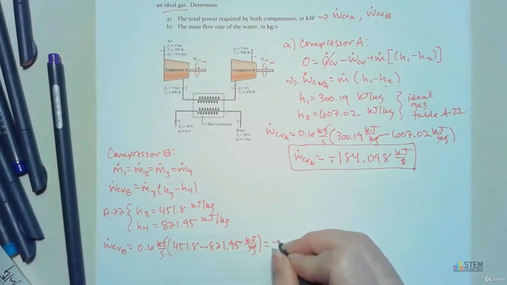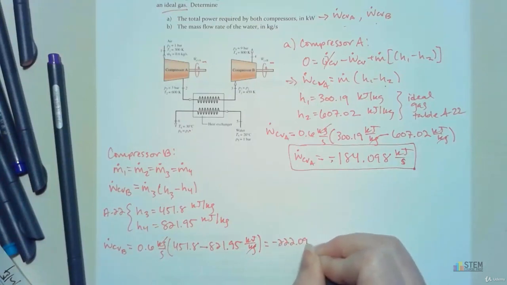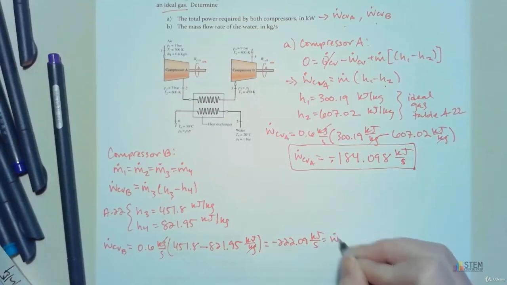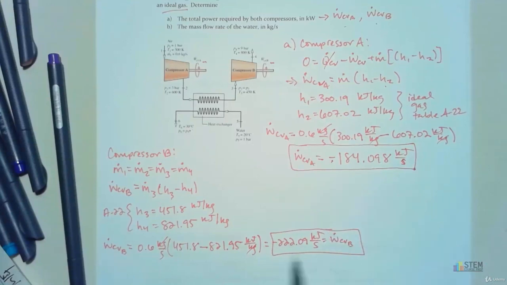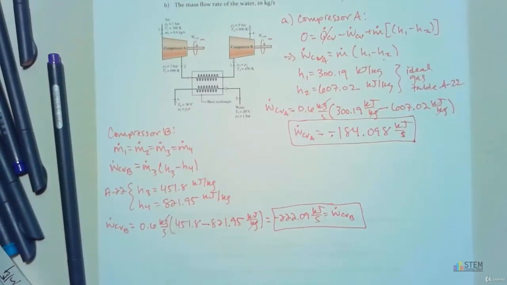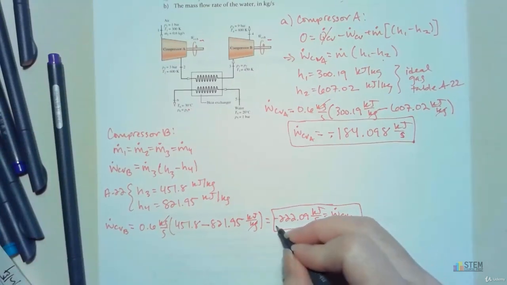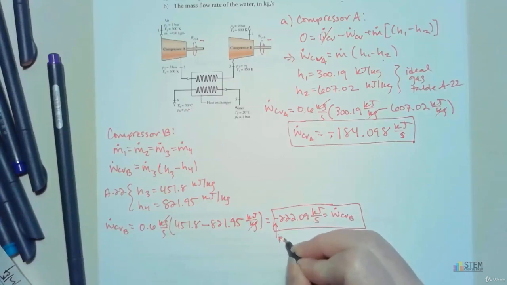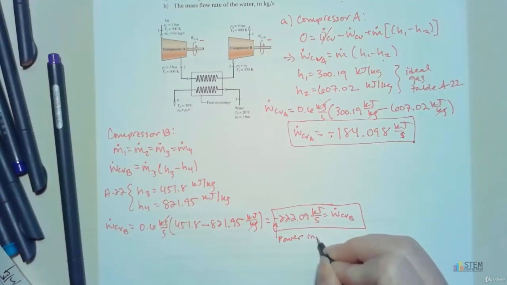And this is going to give us negative 222.09 kilojoules per second. And that is total power required by compressor B. Again, notice the negative sign. The negative sign always indicates external power coming in. We've got the energy transfer from work coming to the system. So let's just write a note here. That negative sign means we have a power input.